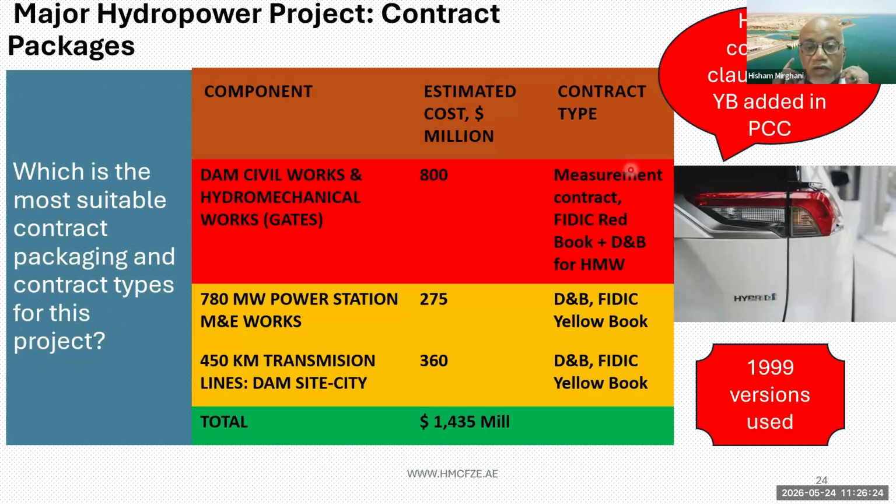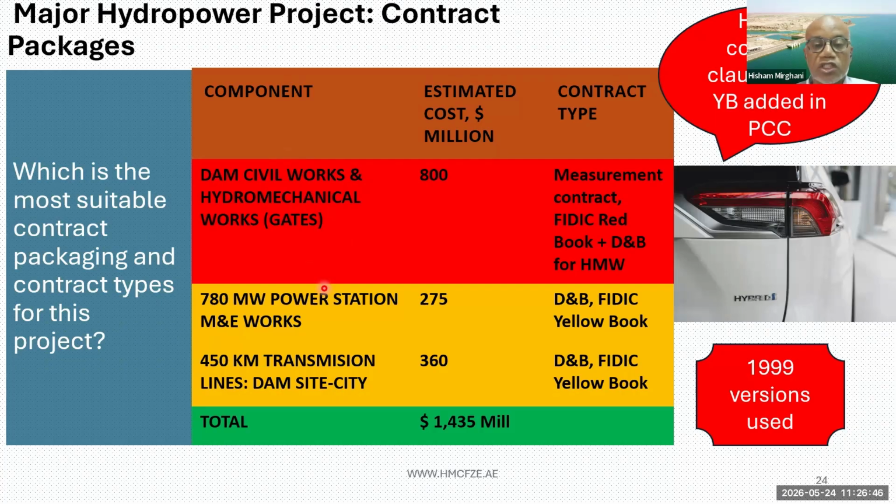And in this type of arrangement, the employer would be responsible for the coordination between the contracts, because you have the civil works contractor building the power station building, which is a huge building, and then the power station contractor doing the turbine manufacturing and installation working within that building.